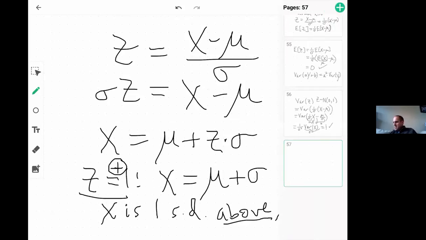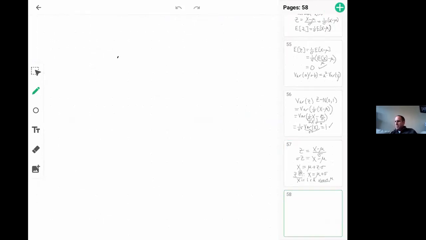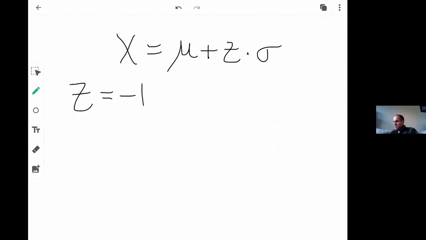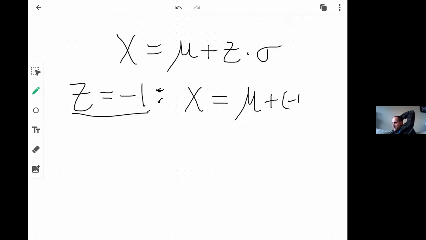So let's go to another page here. I know that x is equal to mu plus z times sigma. What if z was like -1? Again, there's a minus sign here this time. So what would happen if z was equal to -1? Well, then x would be equal to mu plus -1 sigma, which, by the way, is mu minus sigma.